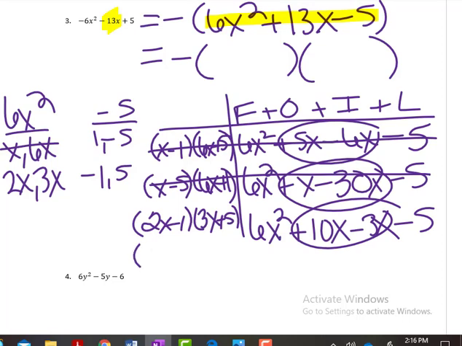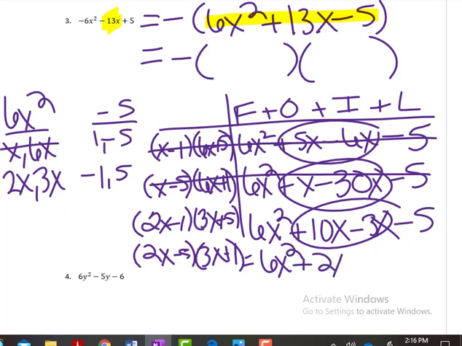Let's try another one. Let's do 2x. I'm going to change the 5 and the 3. So let's say minus 5, and then 3x plus 1. And it's 6x squared, first term, outer term plus 2x, inner term minus 15x, and then last term minus 5.